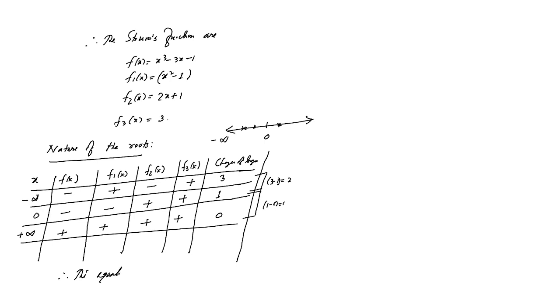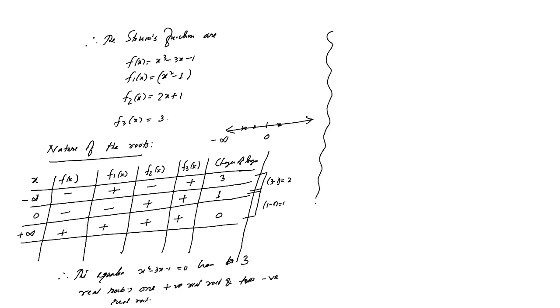Our conclusion is that the equation x cube minus 3x minus 1 equals 0 has 3 real roots: 1 positive real root and 2 negative real roots. That part is done, the nature of the roots.